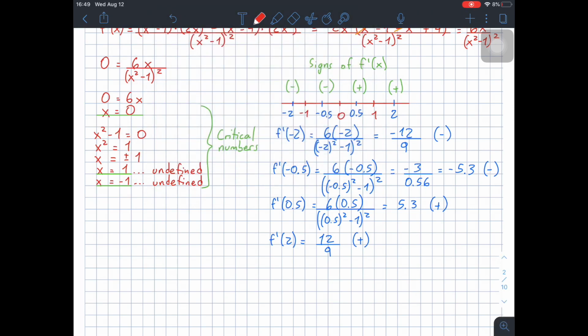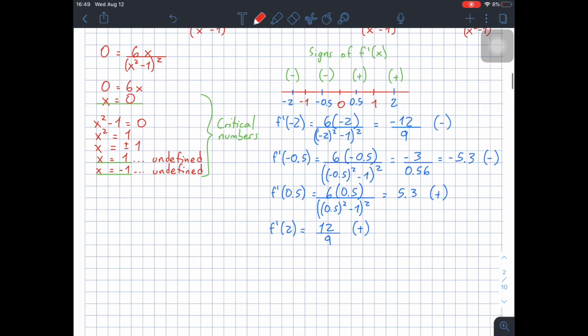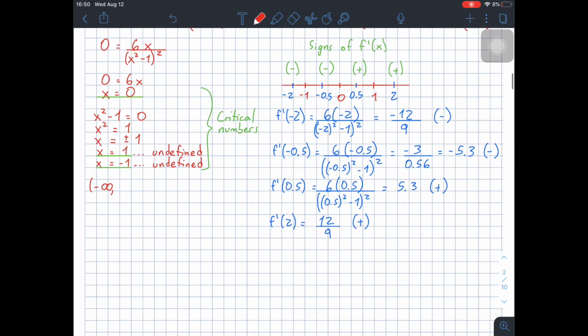For now, we only care about if the function is increasing or decreasing. So our conclusion would be the following. From negative infinity to negative 1, the function is decreasing because the sign is negative, right? Decreasing. From negative 1 to 0, the function again is decreasing, right?